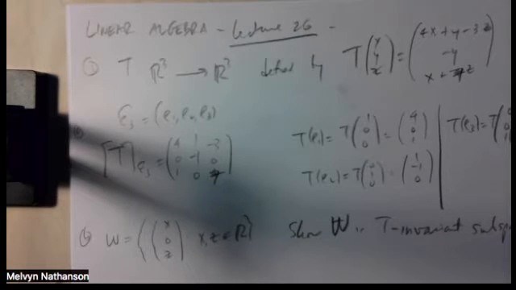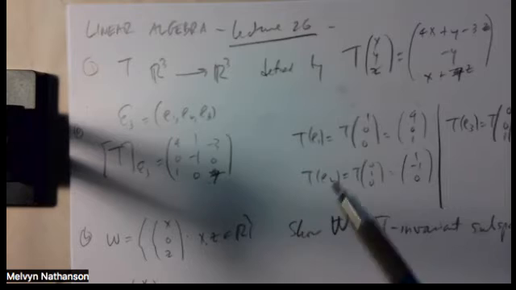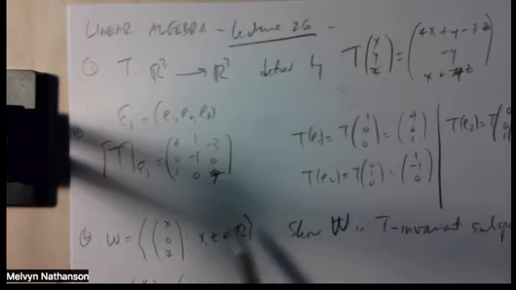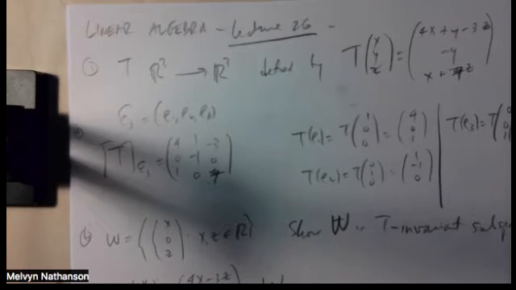Let's see, well, what's an easy way to do this? If I take T of a vector x, 0, z, so I can use this or the matrix, but when y is 0 and x and z are whatever they might be, this is 4x minus 3z, 0, x plus 7z. And this is certainly in W because the second coordinate is 0.